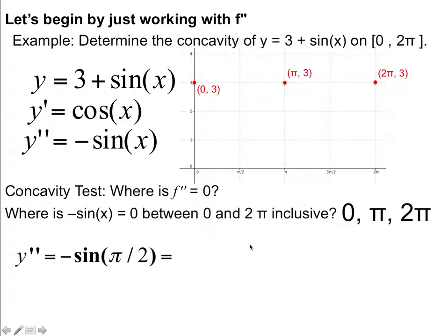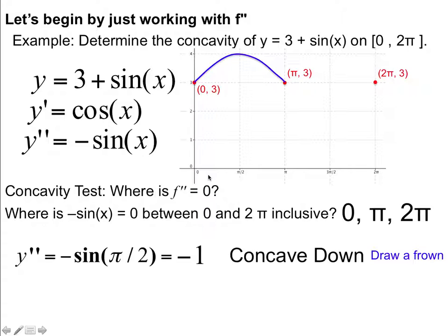So the sine of pi over 2 is 1, but then I have a minus in front of it, so this whole answer is negative 1. A negative second derivative means the original function is concave down. So I'm going to draw a frown, starting here and ending there. Okay, so there's my frown. Notice I can draw that just by looking at the value of the second derivative.